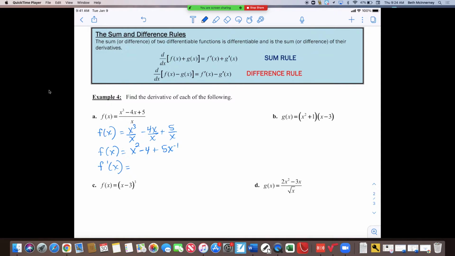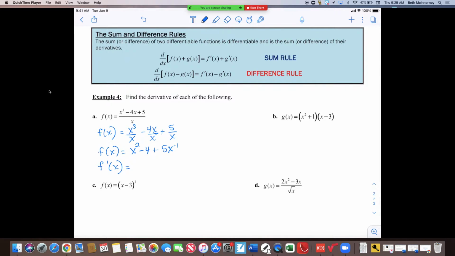Okay, great question. So look, the only derivative rule that I know right now is called the power rule. So it's x to a power, you bring the power down. I don't have x to a power. But what I can do is, this is a fraction, right? Everything in the numerator is being divided by x.